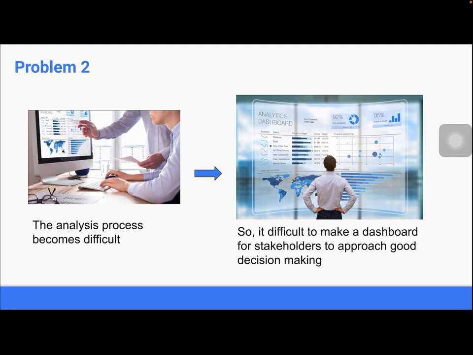So the second problem is that because the data is not in one place, the analysis process becomes difficult, and it's difficult to make a dashboard for the stakeholders to support good decision making. Sometimes with data analytics we can make decisions, something like business intelligence, but what if we cannot analyze it properly because of the different stores of the data? So this is the second problem.